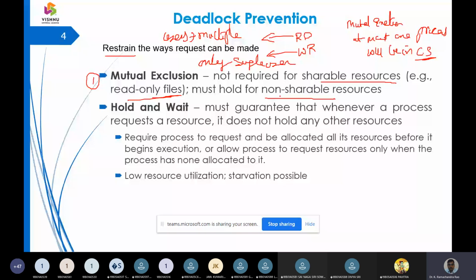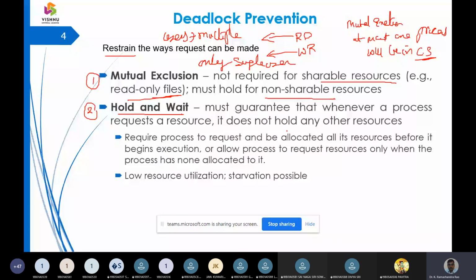Now, coming back to the second characteristic of deadlock prevention, that is hold and wait.